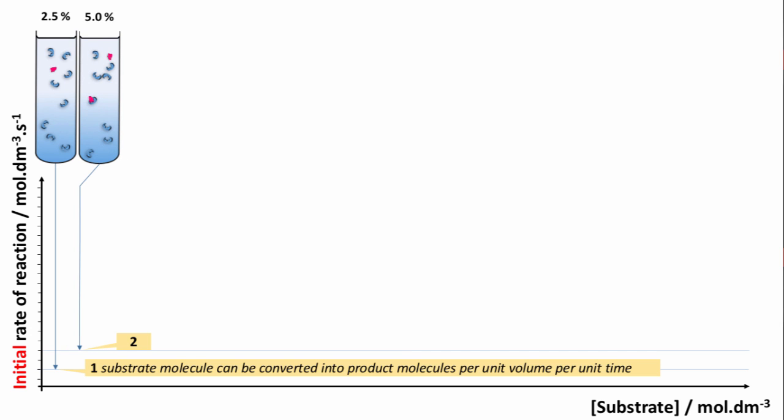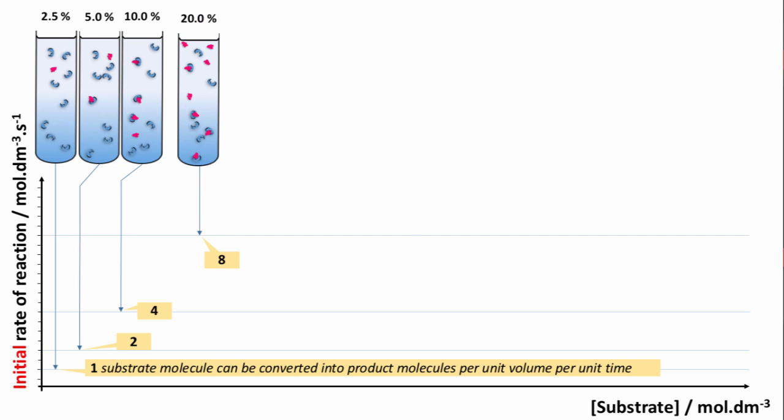For the 5% substrate concentration, because there are 2 substrate molecules in the solution, despite having 8 enzyme molecules in the solution, the number of substrate molecule that can be converted into product is just 2. The same goes for 10% substrate. 4 substrate in solution, hence the fastest it can ever go is just 4.